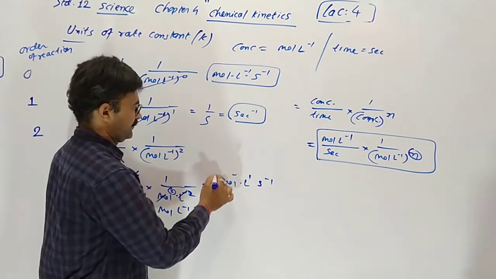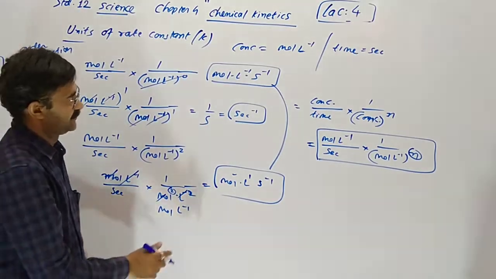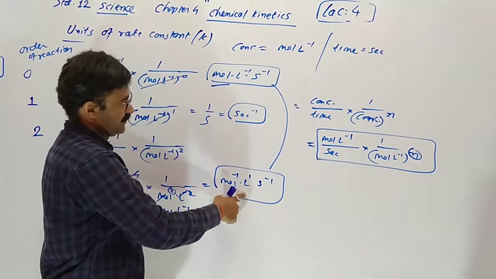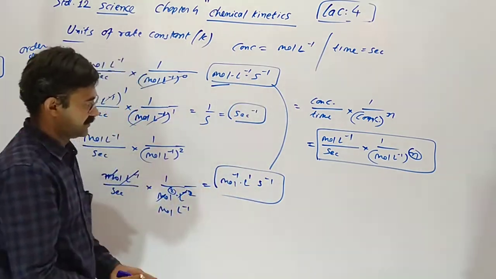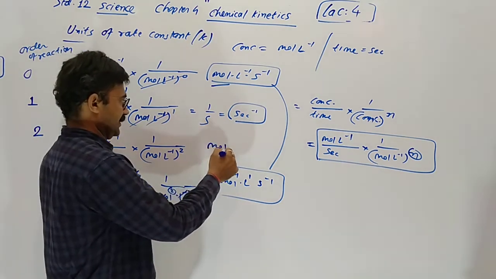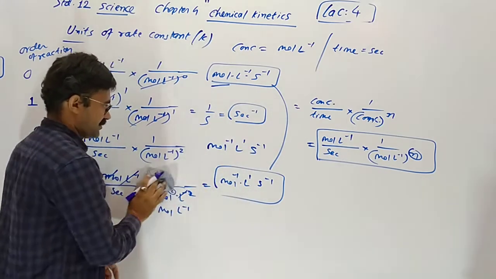You can see both are not the same. This one is for zero order, this one for second order. So the answer is mole inverse, liter raised to 1, second inverse.